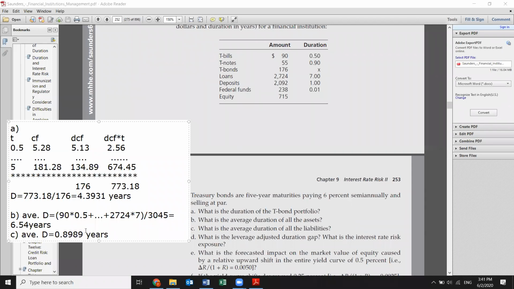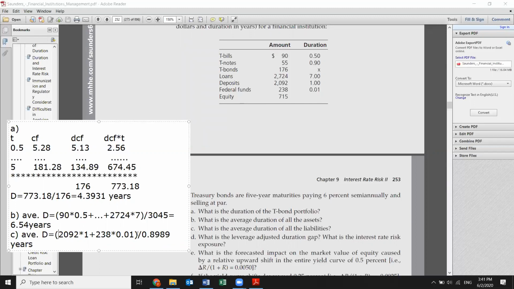And in here, duration of liabilities, the same thing. We're using just two components in here: deposits, 2,092 times 1 and 238 times 0.01. And of course, this should be divided by the average, by the total number of observations.